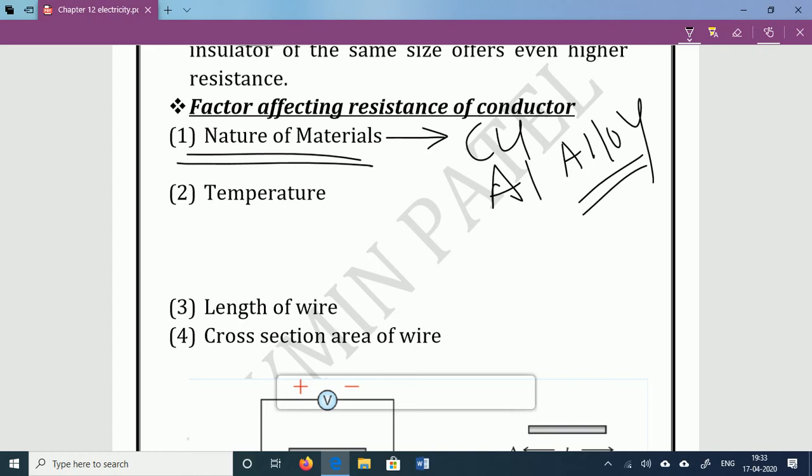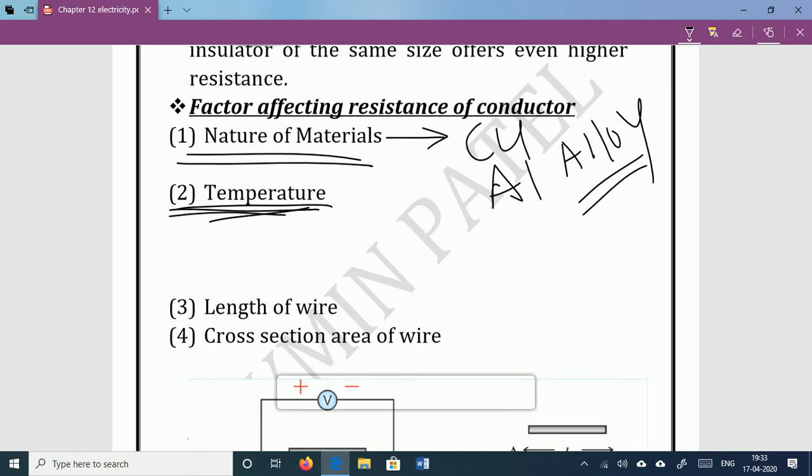Now the second factor is temperature. So temperature also affects the resistance of the conductor. Now how does temperature affect the resistance of the conductor? If the temperature is going to increase, is conductivity going to increase or decrease?